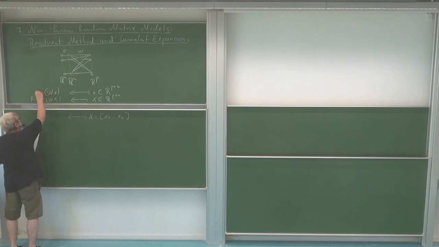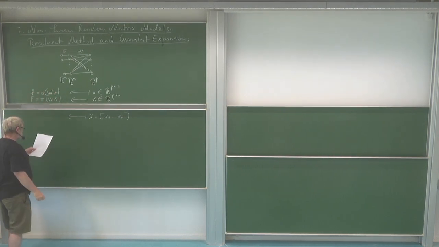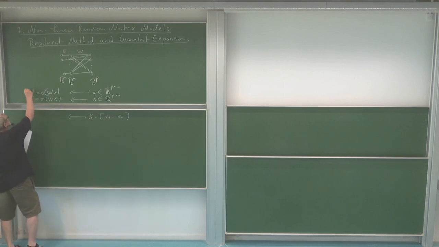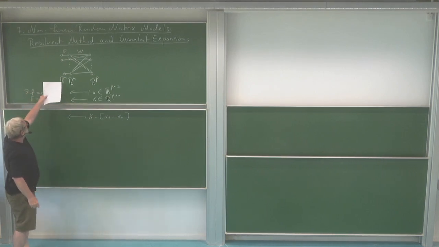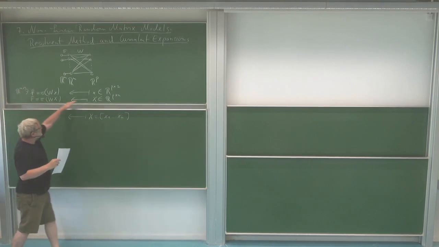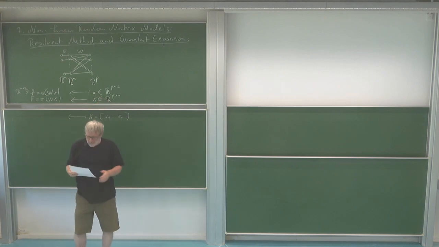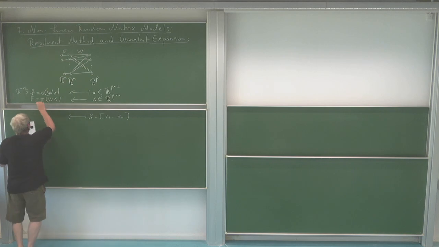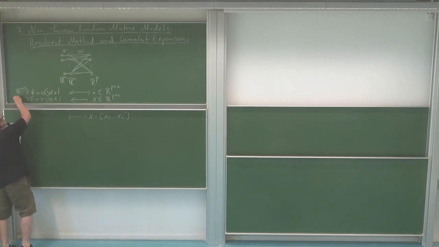If I do it for a single data vector, then I get a little f, which is a feature vector in R to the M. If I do it with the n copies, with this matrix X, then I get out an m by n matrix, so this capital F is an m times n matrix.